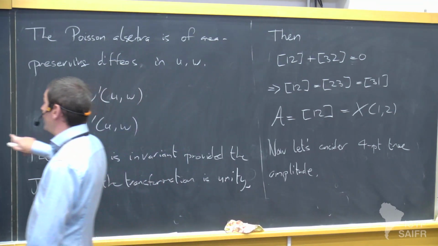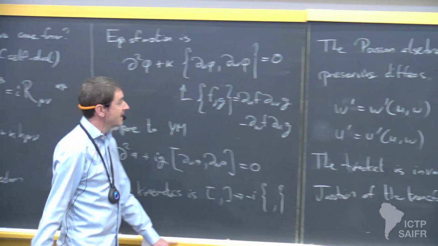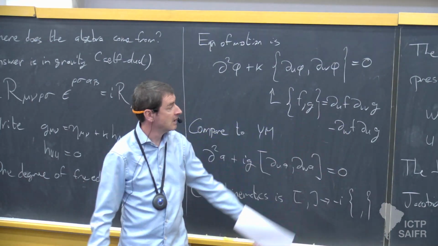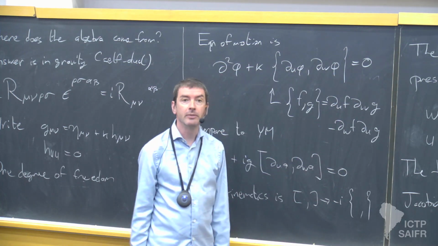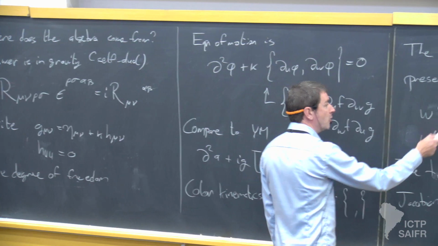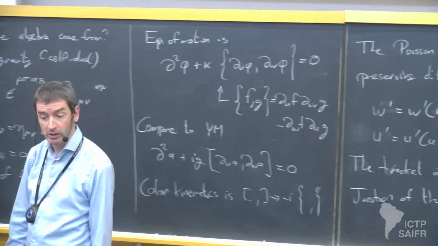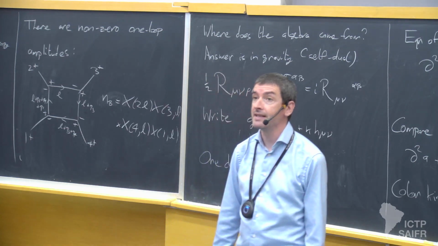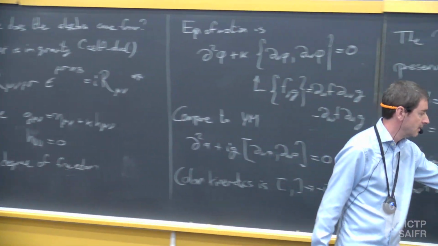In other words, if you perform this differentiation with w primes and u primes instead of u's and w's, you'll get the same thing. The bracket of u prime and w prime will be the bracket of u and w, provided the Jacobian between w, u and w prime, u prime is 1. That's the area-preserving requirement.